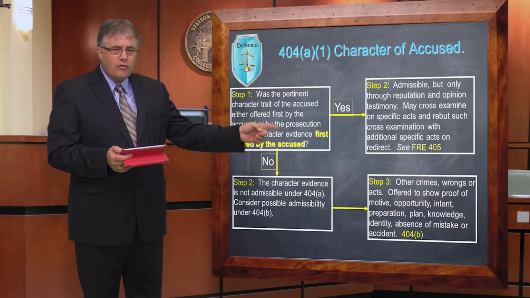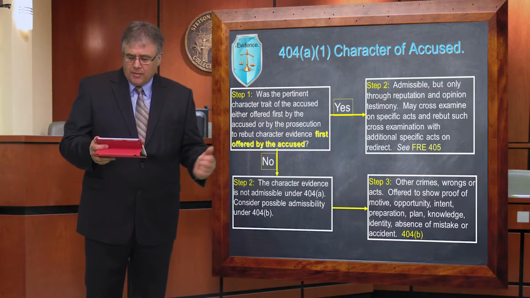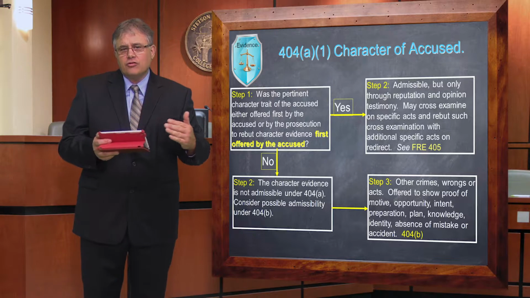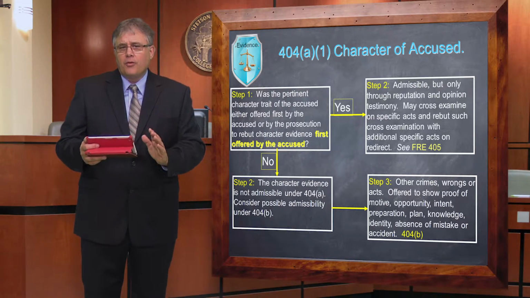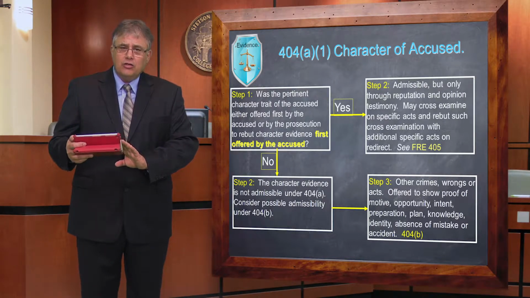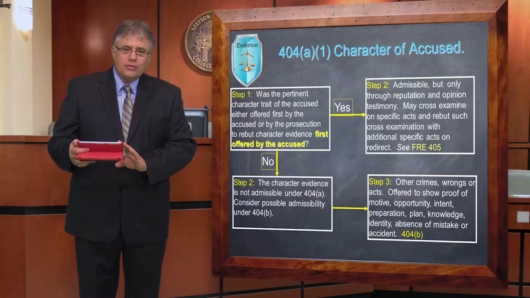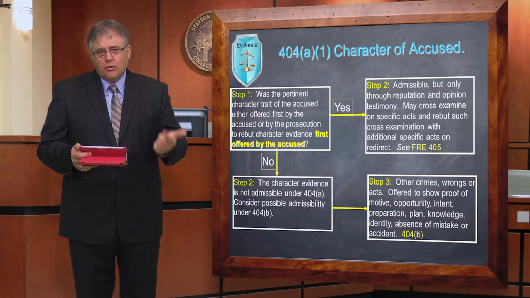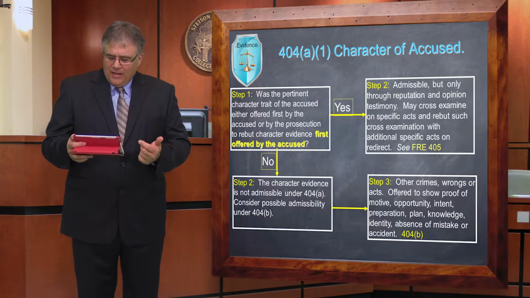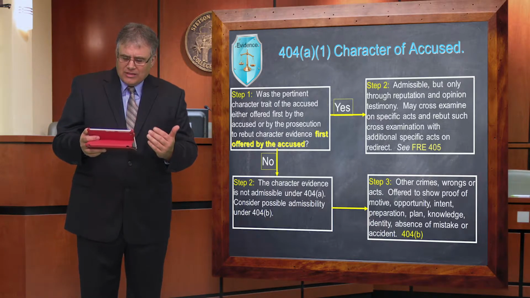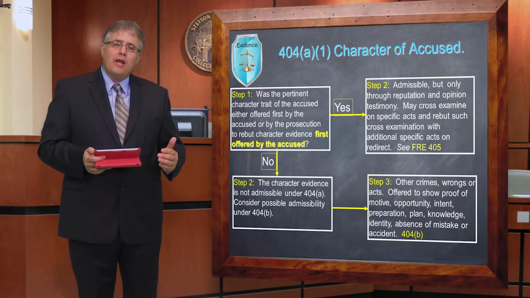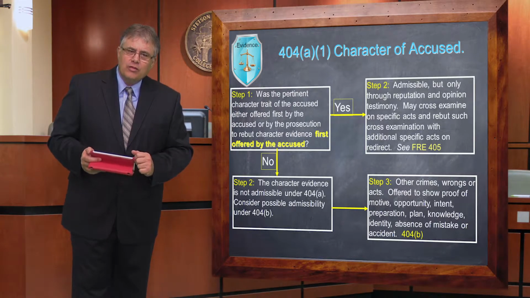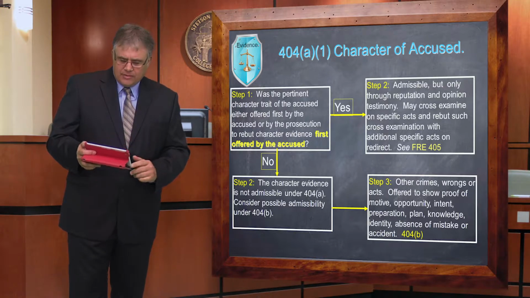If I'm going to offer it under 404B, I've then got to go to my next box. I've got to show that I'm offering this character trait not for the purposes of propensity to say that the accused acted in accordance with the trait, but instead to show that the accused had a particular motive to commit the crime, that there was opportunity or intent on the part of the accused, that they prepared, that they planned, that they had knowledge of what it was that they were doing, and that there was identity or an absence of mistake.